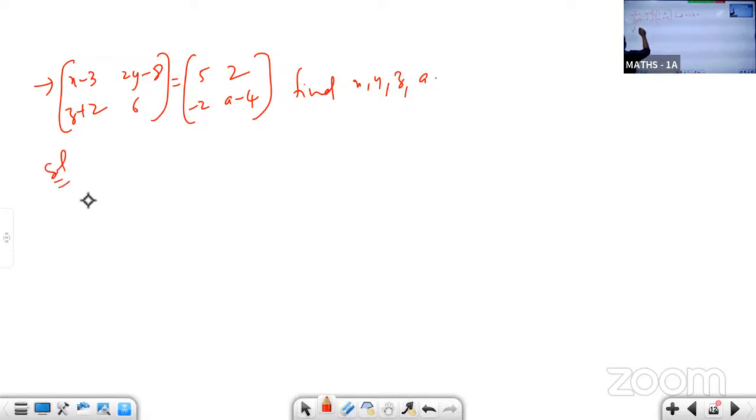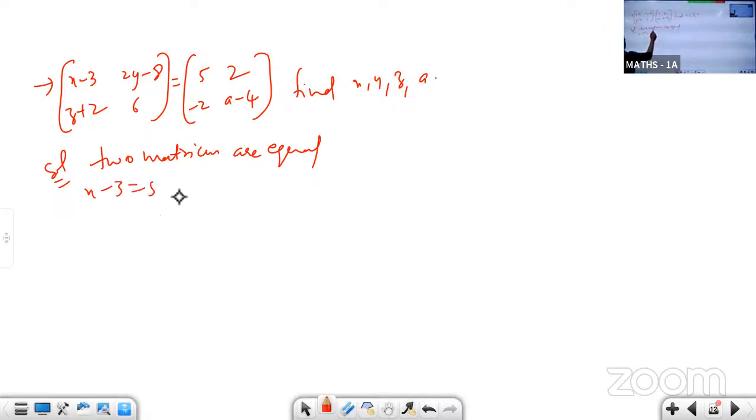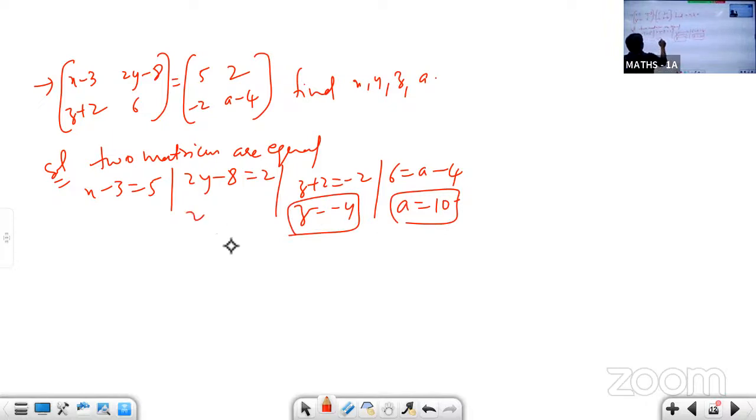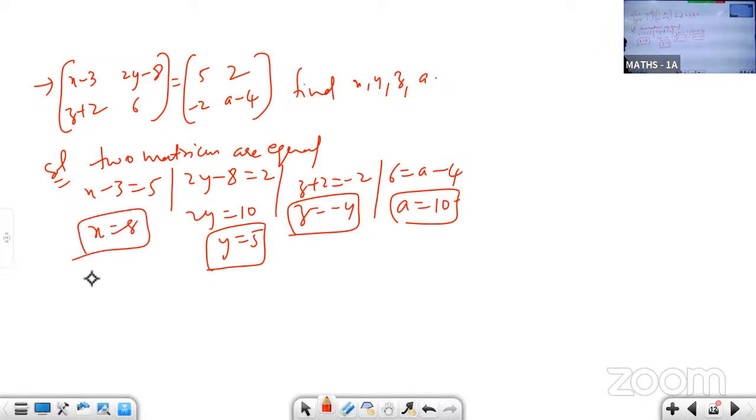Here, 2 matrices are equal. Whenever 2 matrices are equal, their corresponding elements can be equated. That is x -3 equal to 5, 2y -8 equal to 2, z plus 2 equal to -2, 6 equal to a -4. So a equal to 10 here, z equal to -4, 2y equal to 10, y is 5, and x is 5 plus 3, 8.